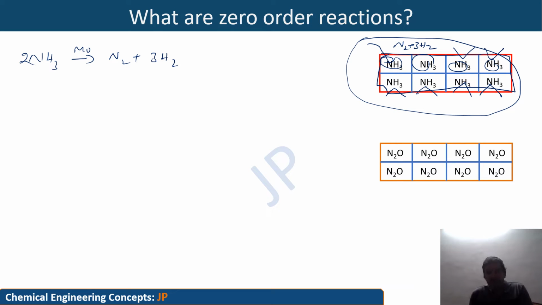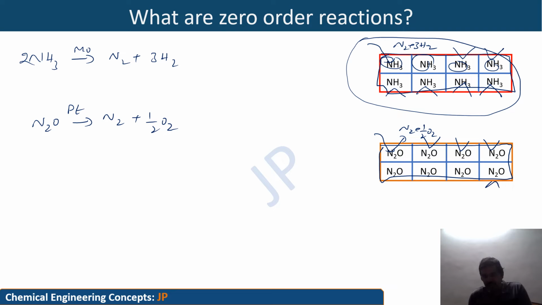We'll take one more example: decomposition of nitrous oxide. Decomposition of nitrous oxide over platinum catalyst gives N2 plus half O2. So here also let us assume this is the platinum catalyst, and nitrous oxide comes, attaches over the surface, and undergoes decomposition to N2 plus half O2, and the same thing happens at all the active sites of the catalyst.